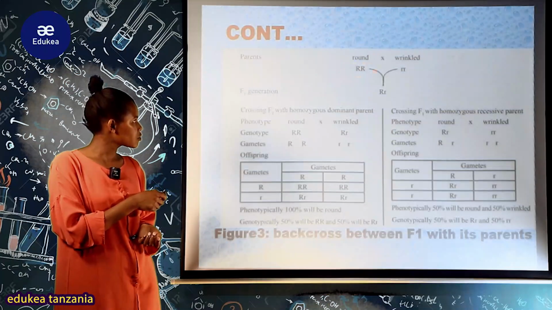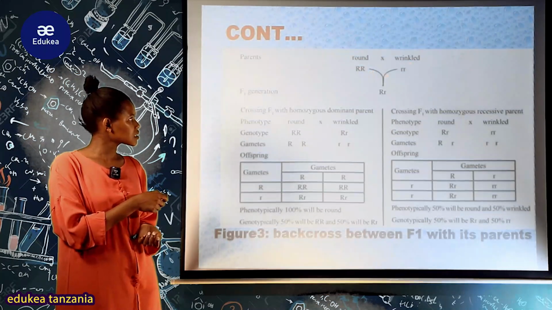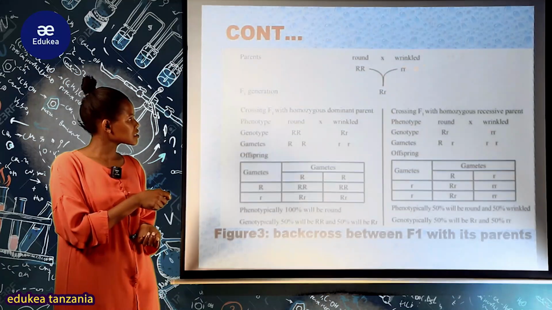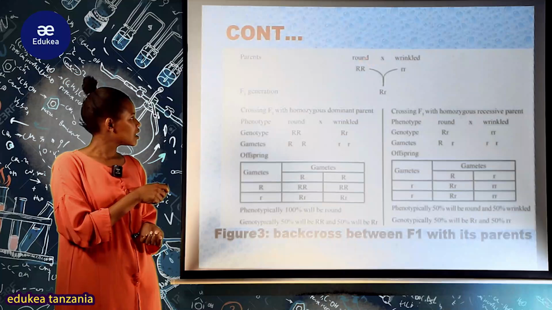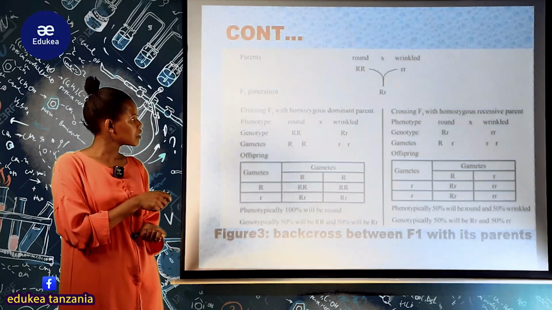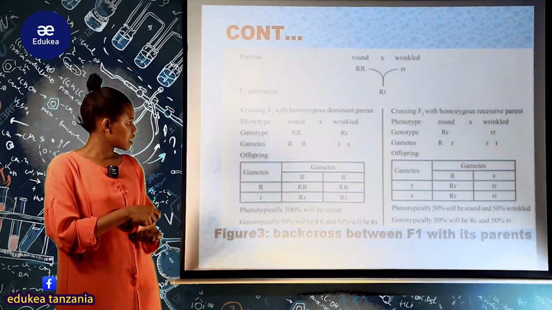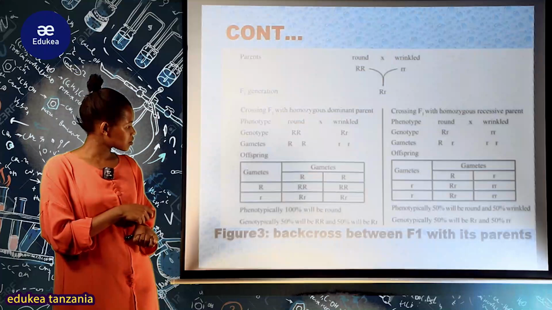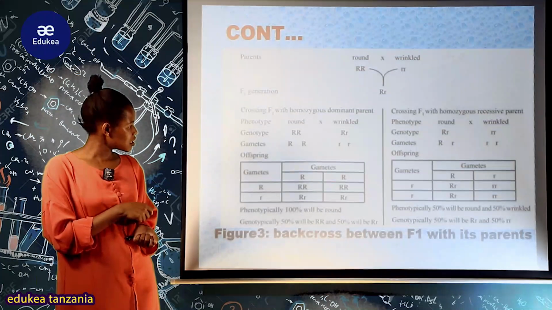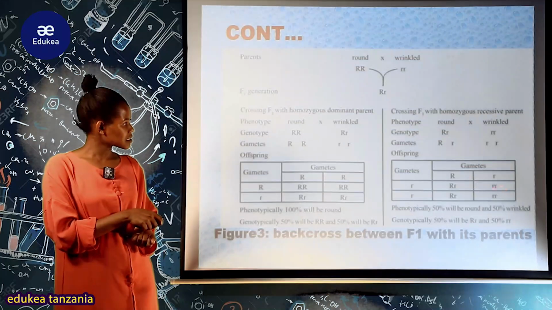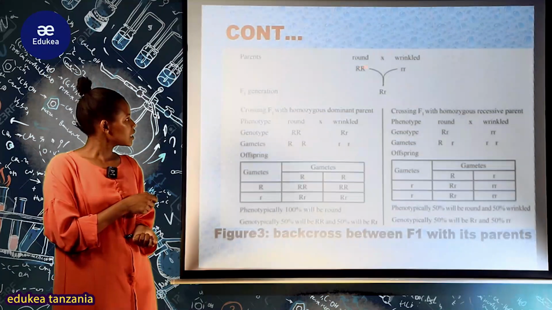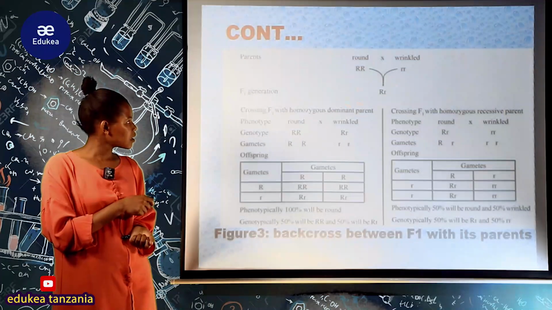This is the homozygous dominant parent and this is the homozygous recessive parent. So it can be crossed either by the homozygous dominant parent or the homozygous recessive parent, this side is when crossed with the homozygous dominant parent, and this side is when crossed with the homozygous recessive parent.